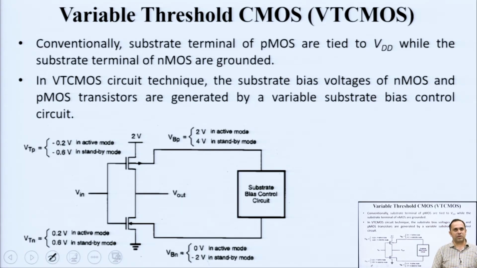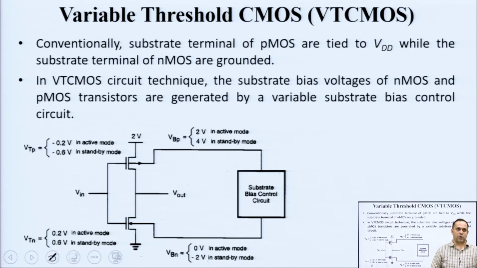You can scale down your power supply, you can improve the power consumption. Since you are using low threshold voltage devices here, you can reduce the delay also. So, your operating frequency is maintained, and at the same time you are using a substrate bias control circuit.